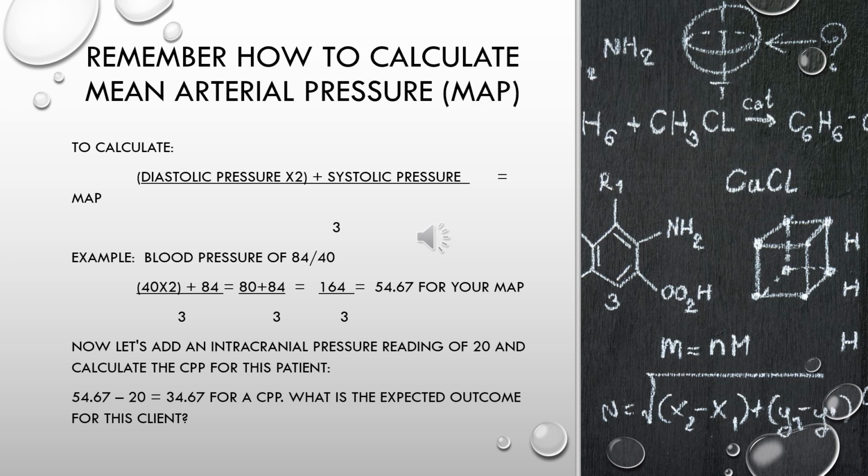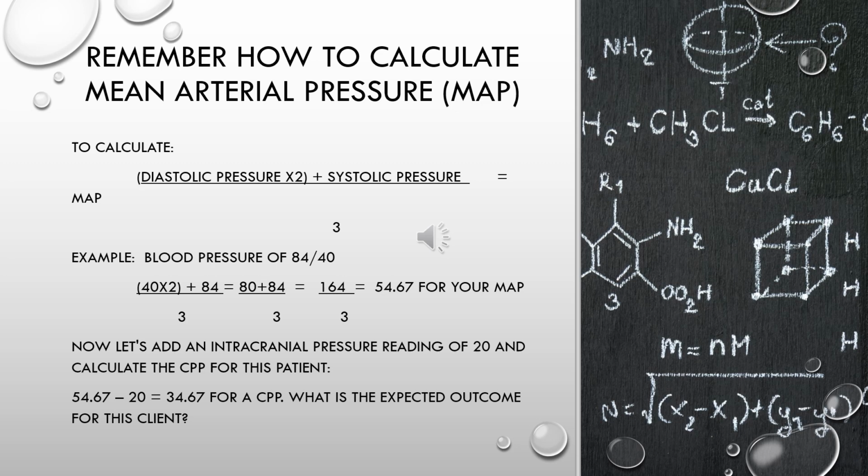The way you calculate this is 2 times the diastolic pressure plus the systolic pressure, divided by 3, equals your MAP. On the previous slide, I had put the systolic pressure times 2 plus the diastolic. I had written it backwards. So understand, in order to calculate the mean arterial pressure, or MAP, you take 2 times the diastolic plus the systolic and divide it by 3.